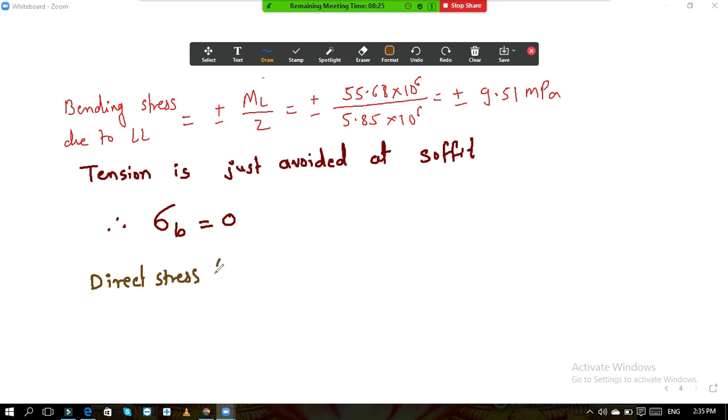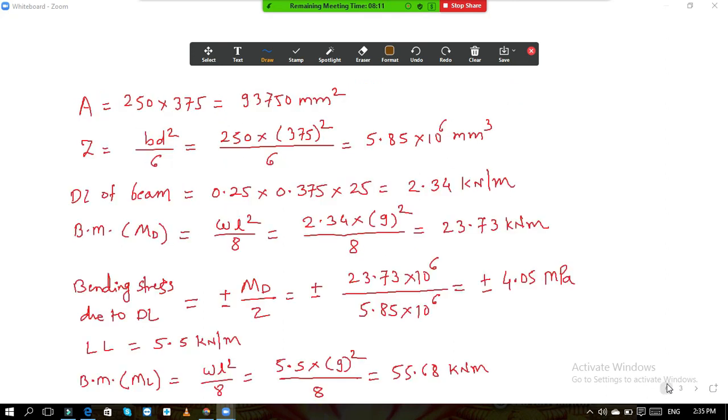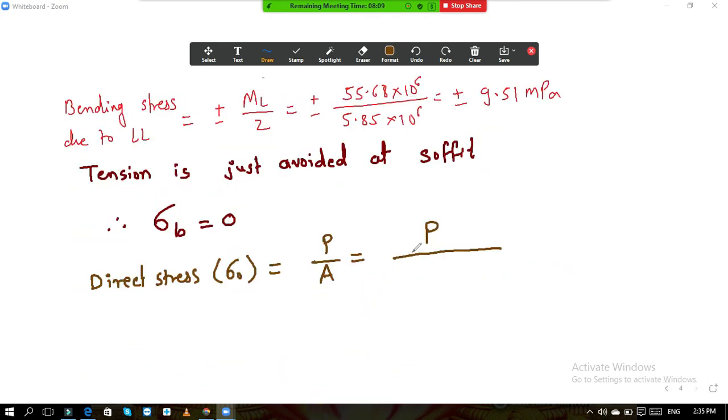Direct stress is sigma 0, which is equal to P by A, but we don't know the value of P. So P we will keep as it is. Area, what is the value of area? Area is 93750 mm squared, Newton per mm square, that is MPa.